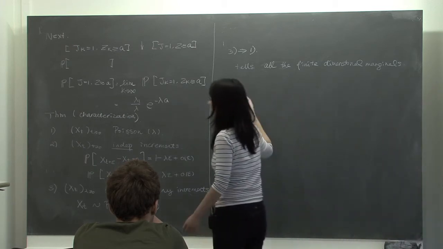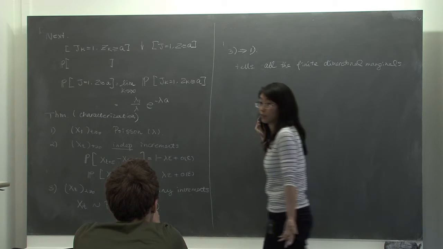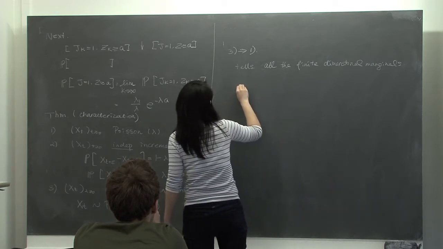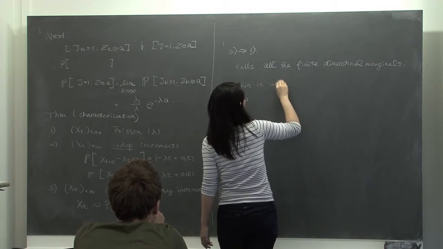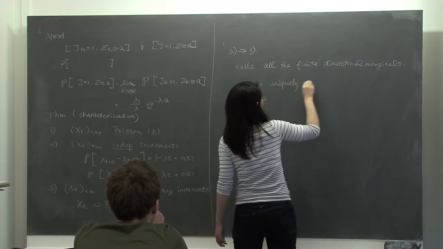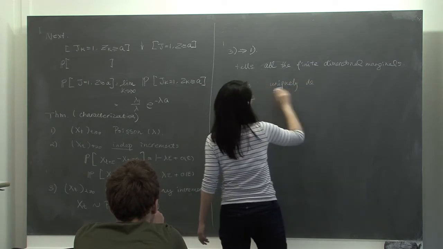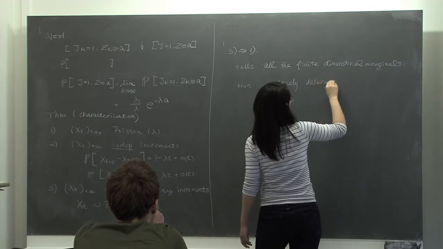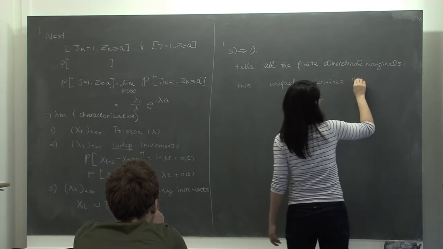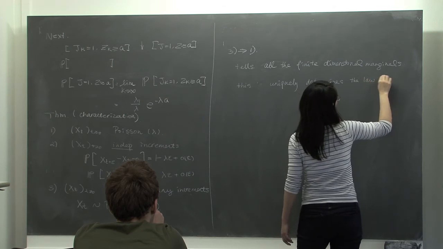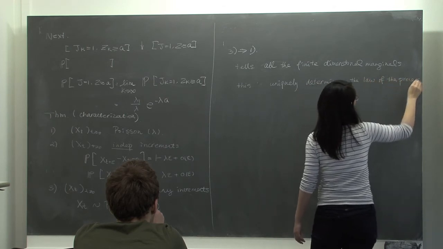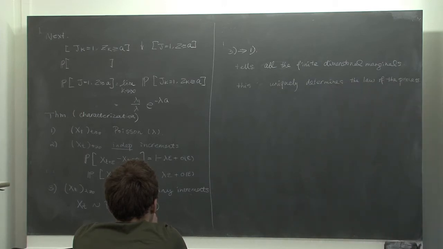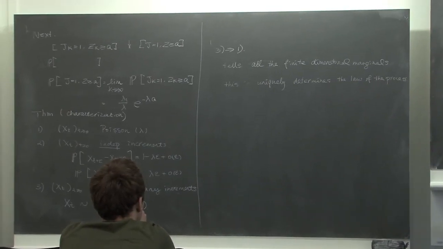So this uniquely determines the process, and it has to be a Poisson process with intensity lambda.